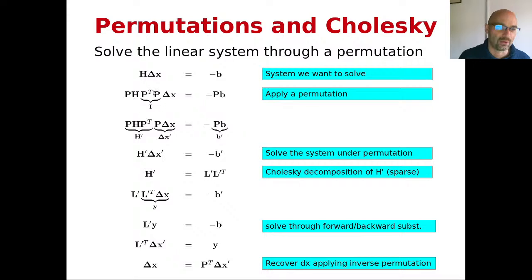So happily, I throw in here an identity, which I then split into P transpose times P. Then I have this magic permutation that, applied to my matrix to the left and to the right, gives me another matrix that does not change the fill-in, which is the number of non-zero elements, only that I change the ordering of them. Change the ordering of the variables, basically. And I also do the same with the vector, because if I change the order of the columns, I also have to change the order of the rows here. And I do the same with the B vector.